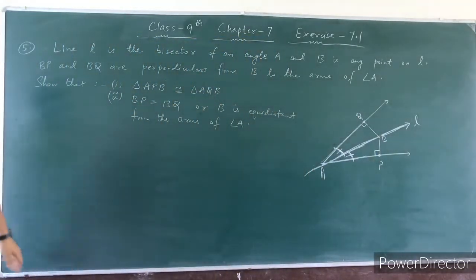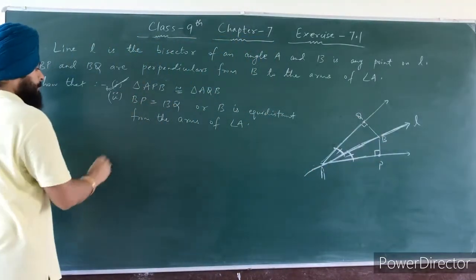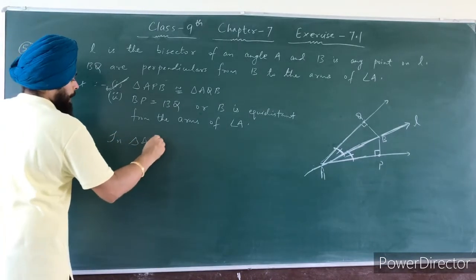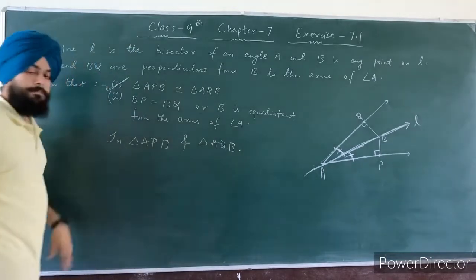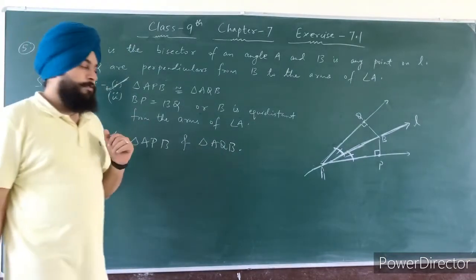So first we have to prove the triangles congruent. We take triangles APB and AQB, and we have to take any three of their parts equal.